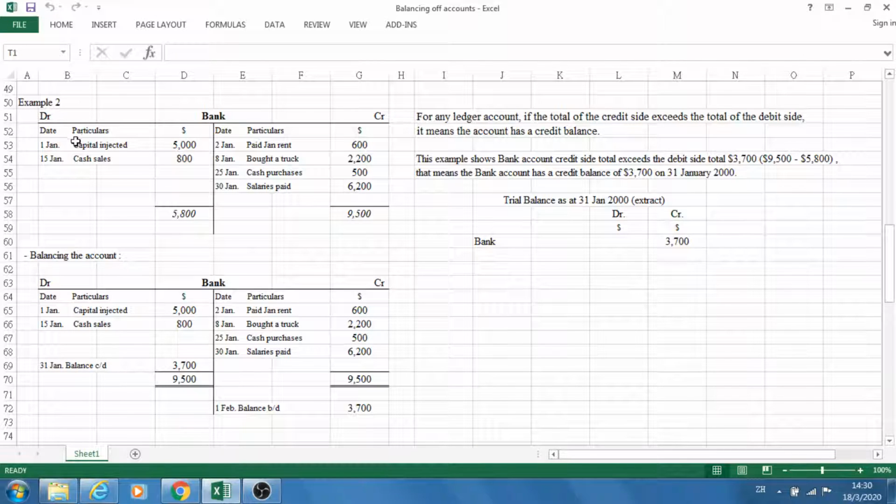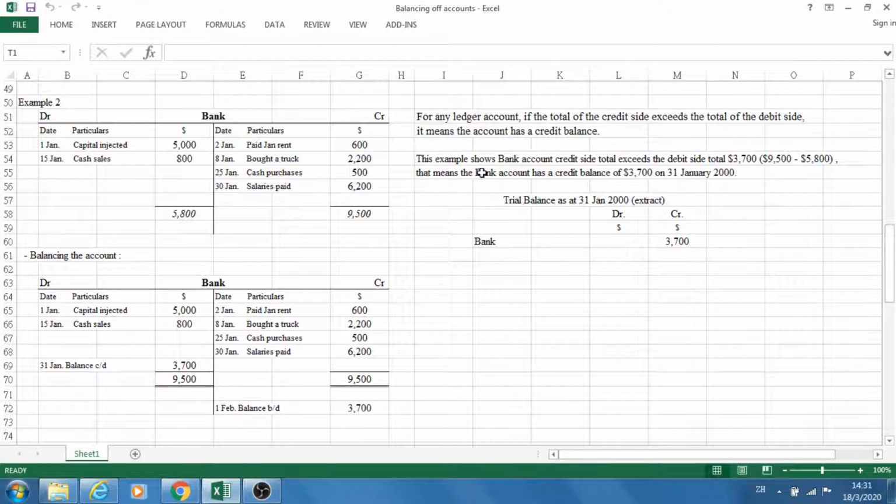Example 2. This is a bank account. The credit side total is 9,500. The debit side total is 5,800. For any ledger account, if the total of the credit side exceeds the total of the debit side, it means the account has a credit balance.